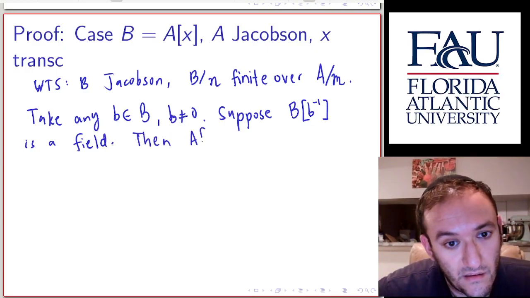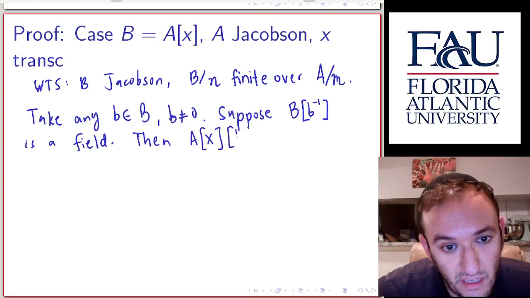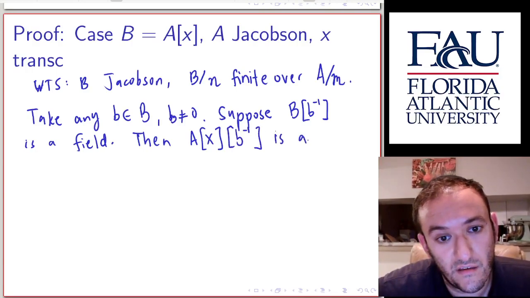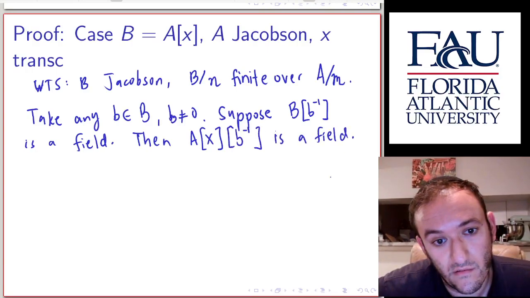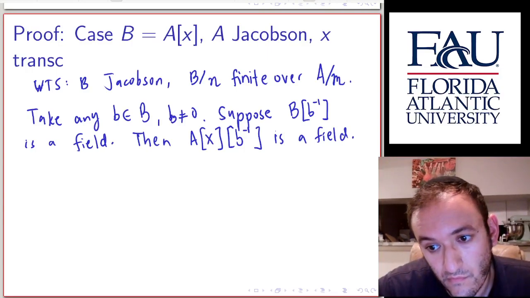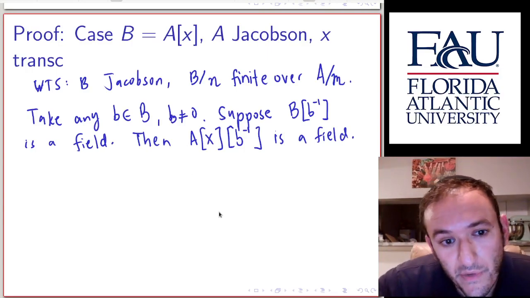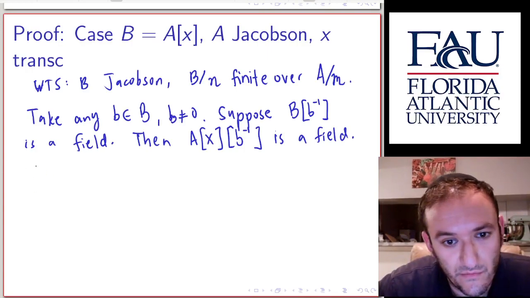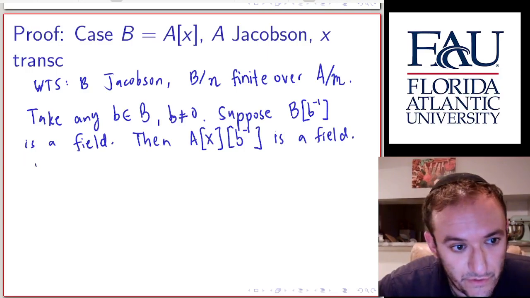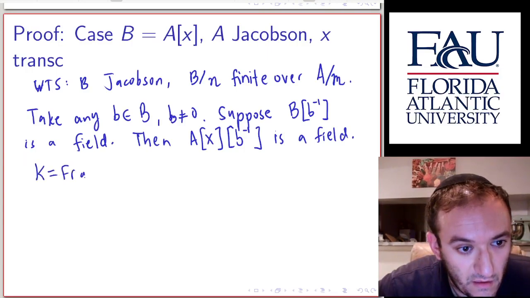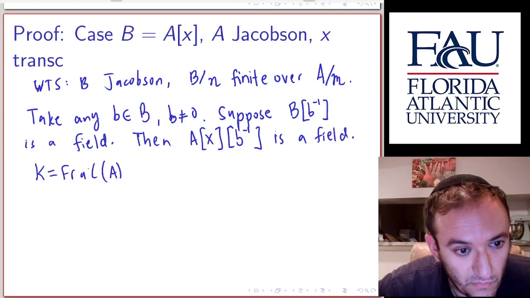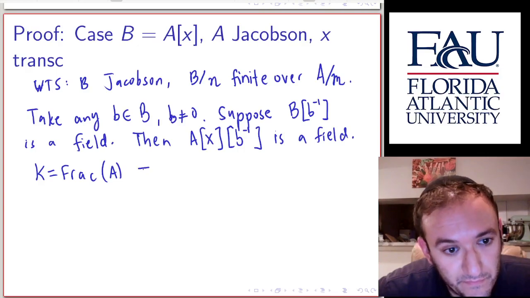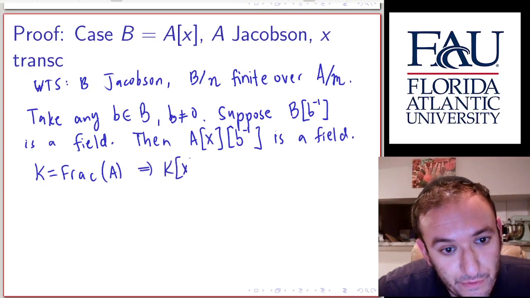Then A adjoin X, b inverse is a field just by definition of B. But if A adjoin X adjoin b inverse is a field, the same could certainly be said to be true for K adjoin X adjoin b inverse, where K equals Frac A. So certainly this would be true.